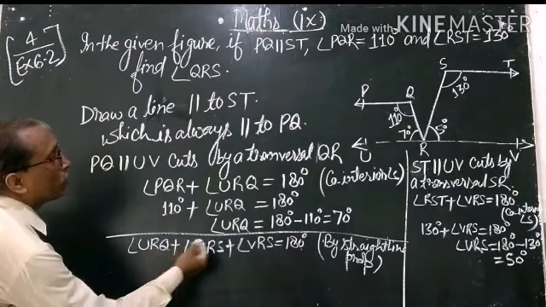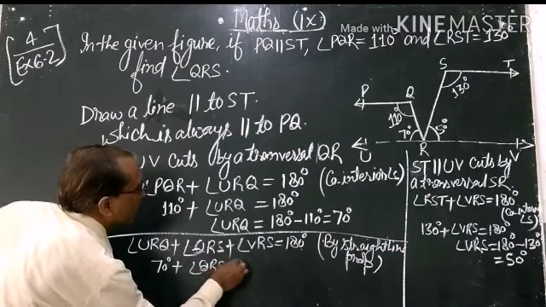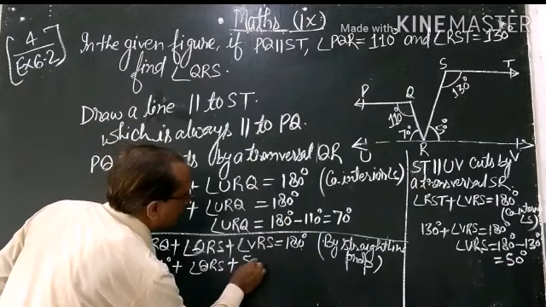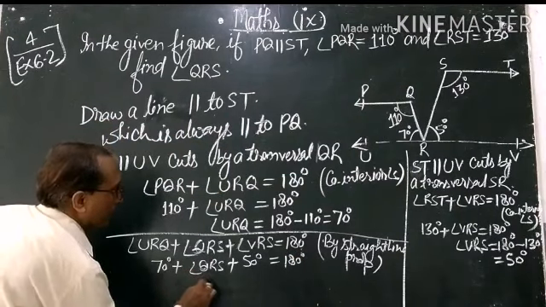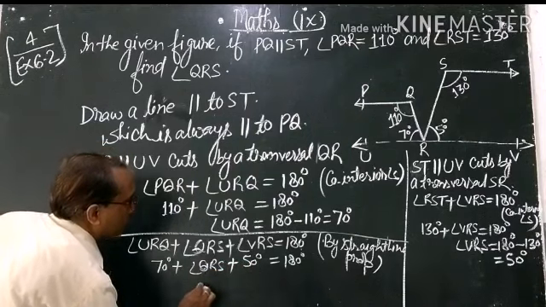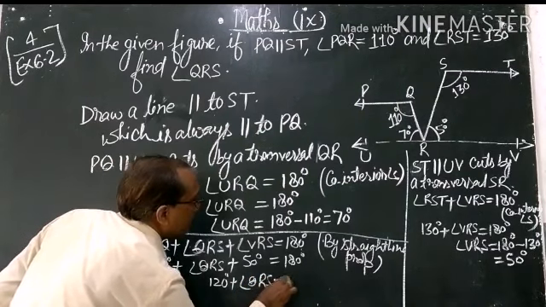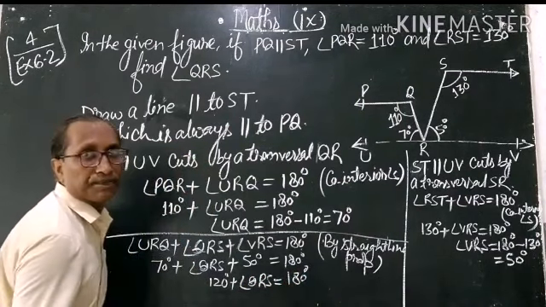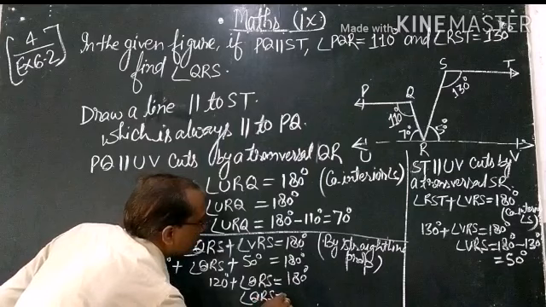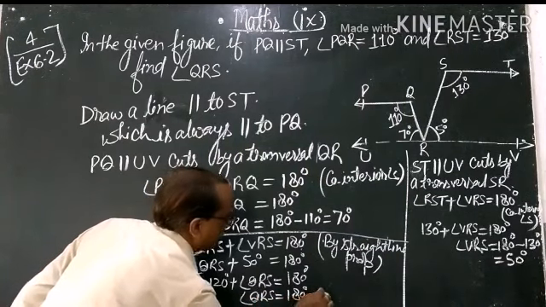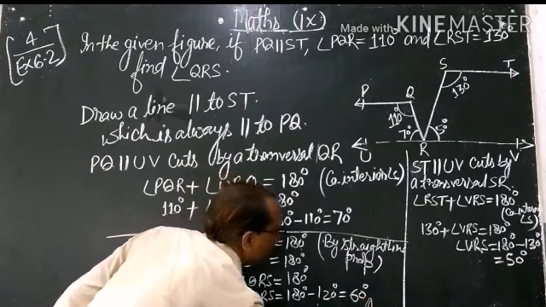You write URQ 70 degrees plus angle QRS plus angle VRS 50 degrees is equal to 180 degrees. Then 70 plus 50 is 120, 120 degrees plus angle QRS is equal to 180 degrees. Angle QRS is equal to 180 degrees minus 120 degrees is equal to 60 degrees. It is your answer.